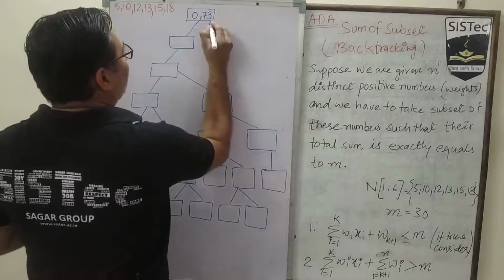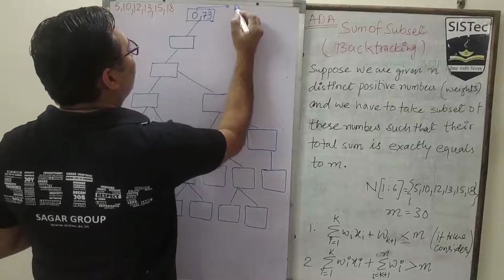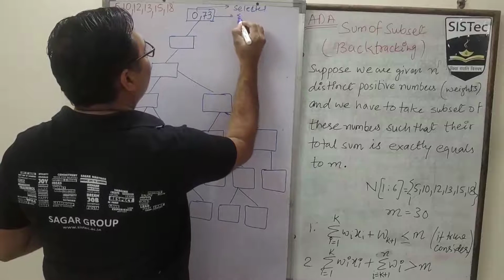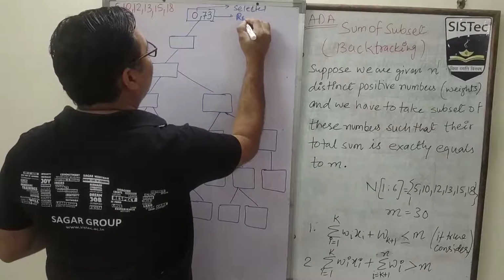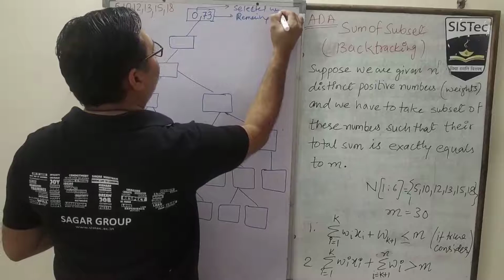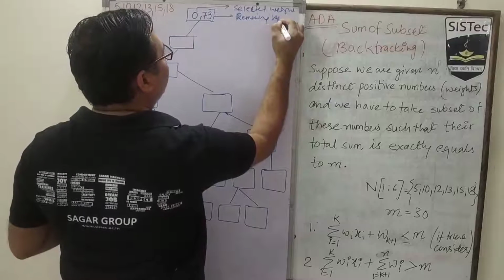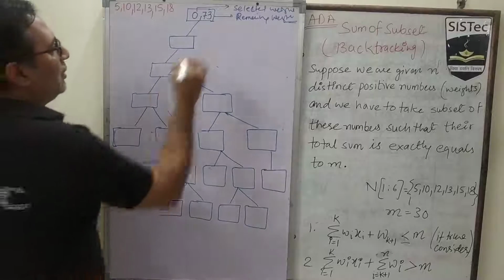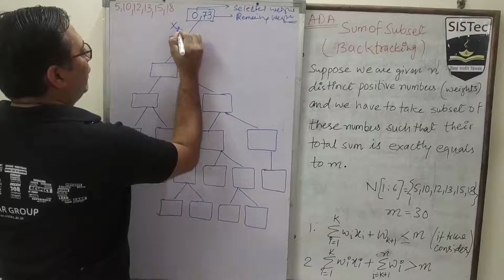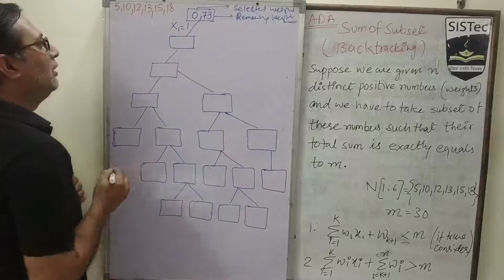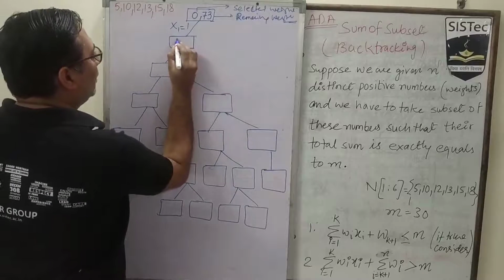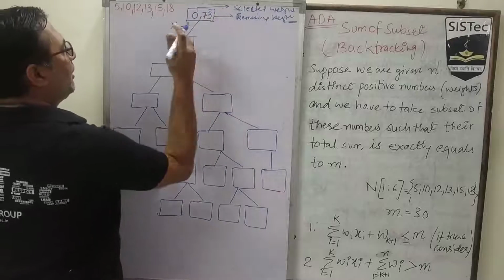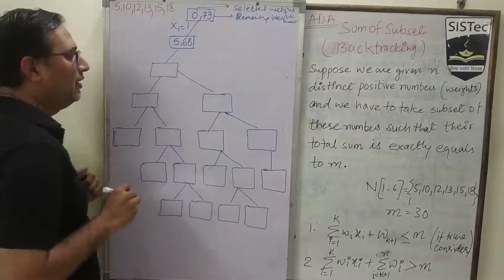One value represents the selected weights and the other represents the remaining weights, which is definitely the sum of the weights. Suppose we have selected the first weight, so x1 is equal to 1. So the selected will be 5 and the remaining weight will be 73 minus 5, that is 68.